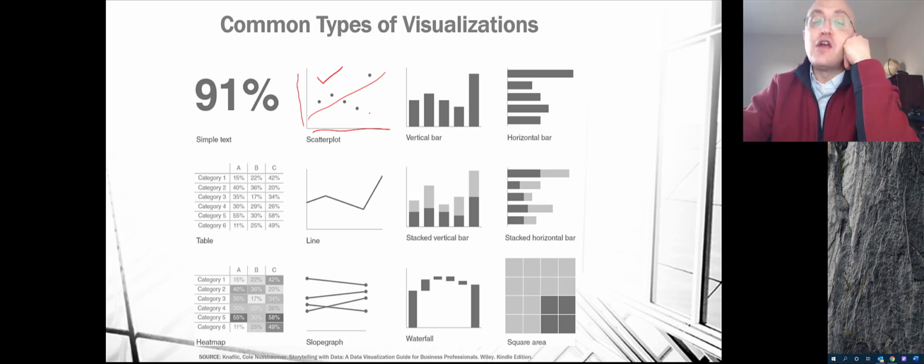So if you're trying to illustrate risk, and you'll do that by showing variation, a scatter plot would be a good example. If you're just trying to compare averages or sums between groups, you could use bar charts. If you're trying to show stuff over time, a line chart is kind of your go-to.